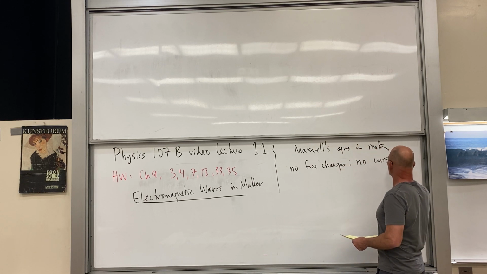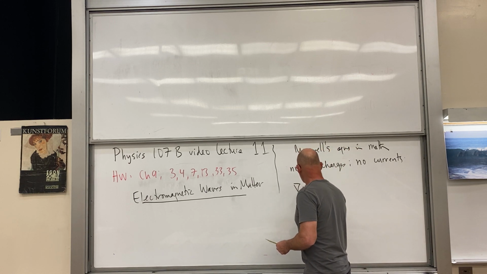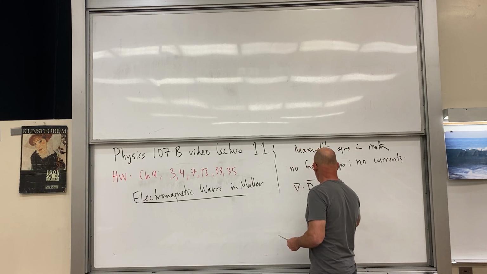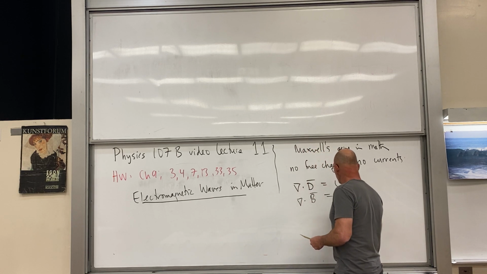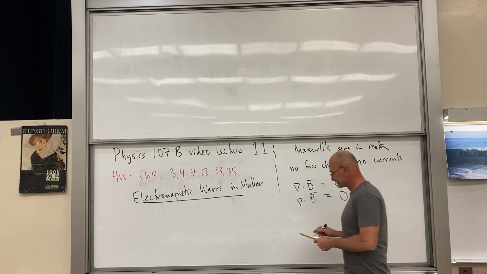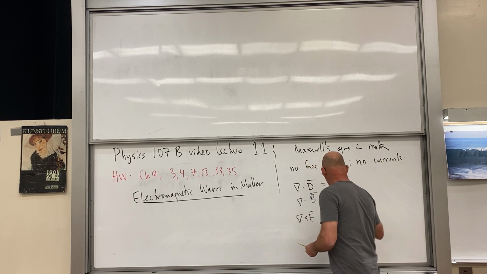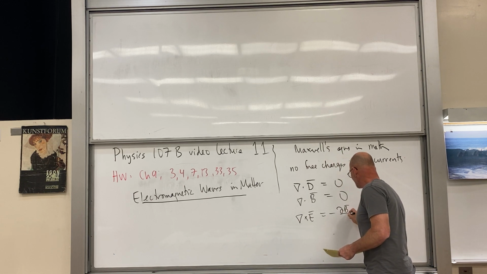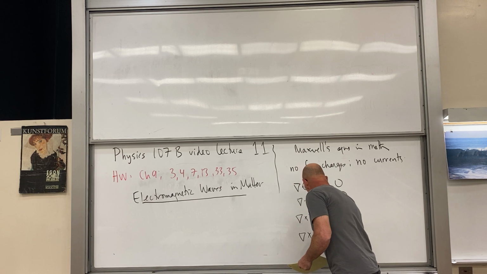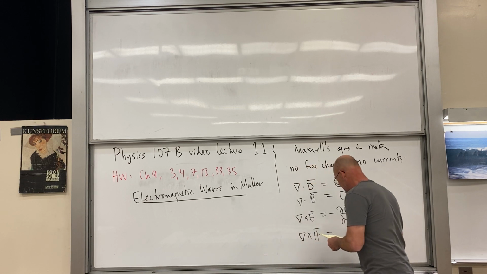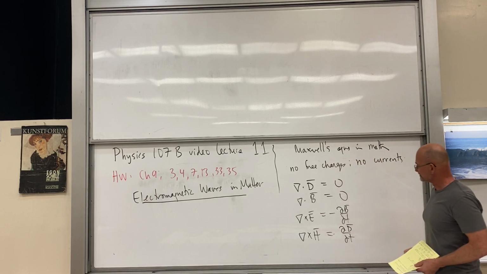We had talked about these earlier, and now we're going to use them. So we have the divergence of the displacement vector vanishing, of course, the magnetic field vector divergence vanishing, curl of E equals minus dB/dt. We have the same form there, but the curl of H is equal to the derivative of displacement with respect to time.